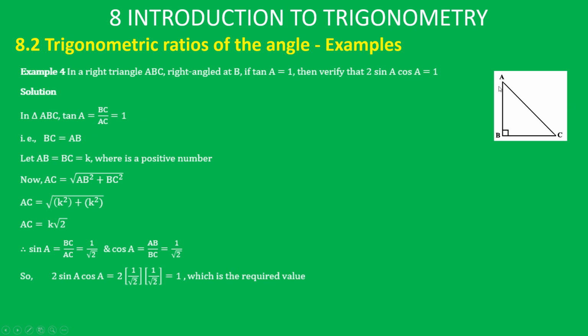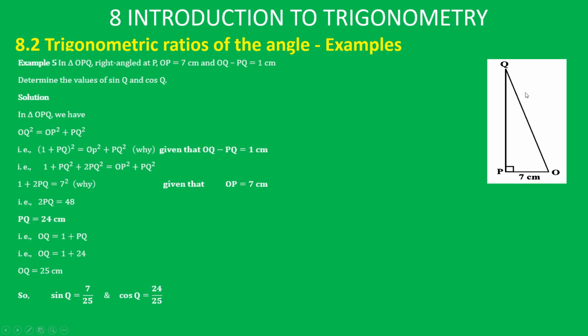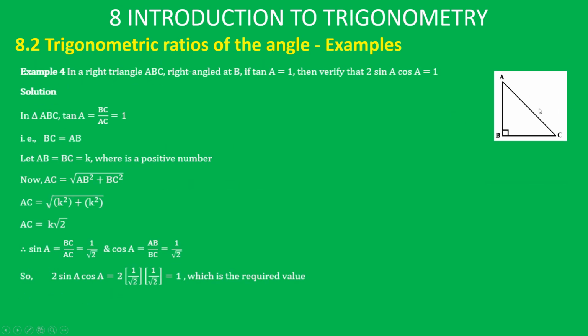In triangle ABC, we are considering this angle. If this is the angle A, what is the opposite side? BC. What is the adjacent side? AB. What is tan A? BC by AB. Can you see? Tan A is equal to 1, which is given, which is equal to BC by AB. Sorry, it is not AC, it is BC by AB.